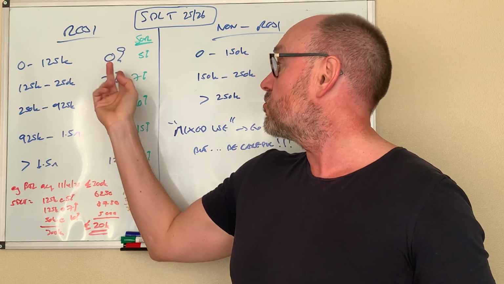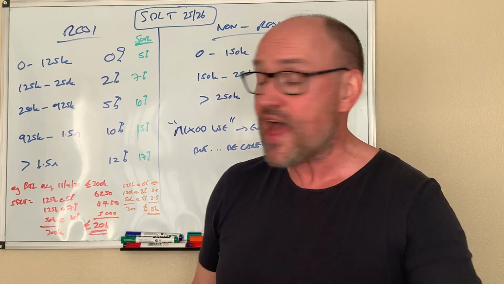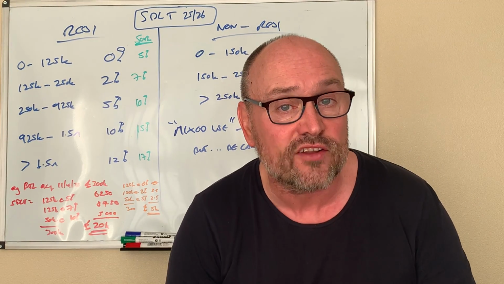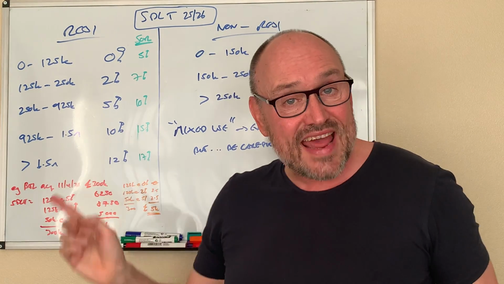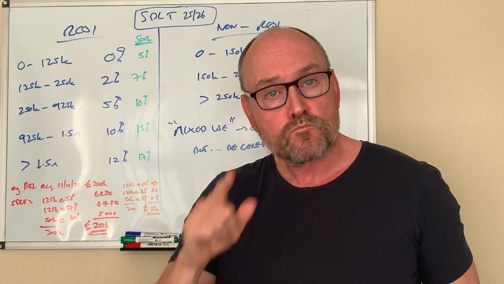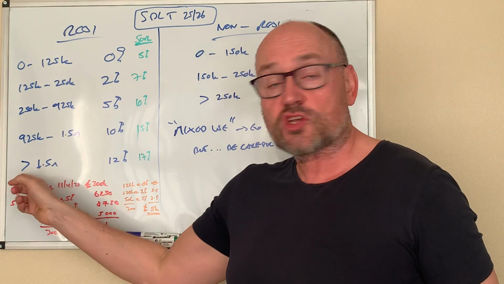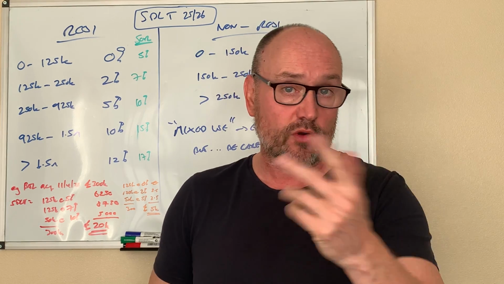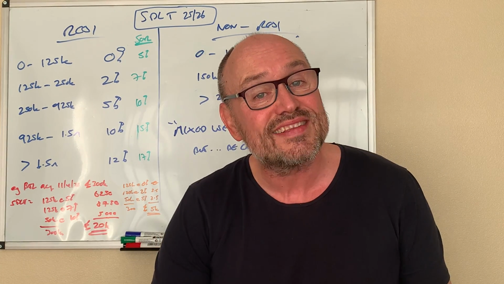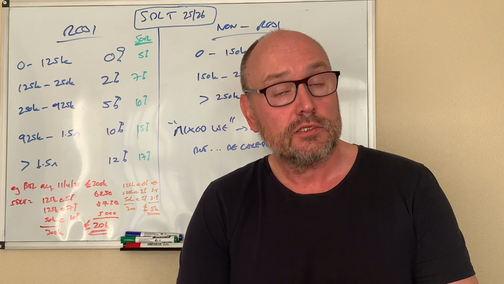So some at 0, some at 2, some at 5, and then the property in excess of 925 grand up to 1.5 million, that's 10% SDLT. Now, if it's greater than 1.5 million, the purchase price of this residential property, your only property, 12% SDLT.